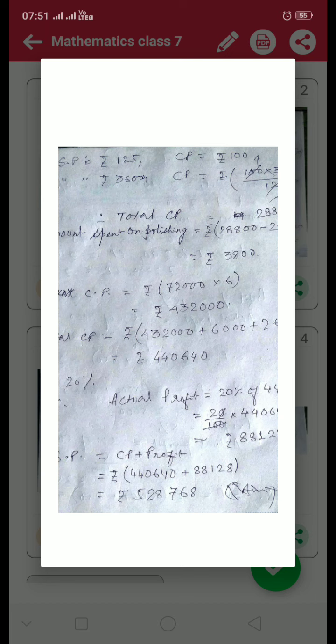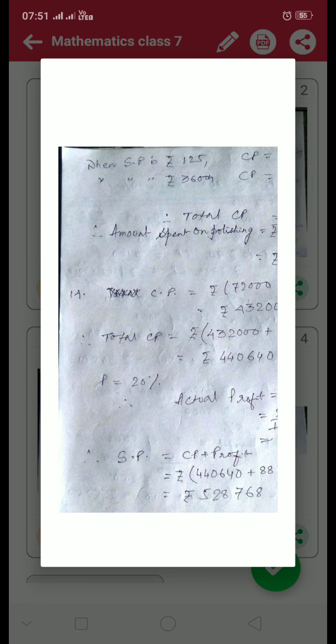Now she has incurred some other expenses like polishing and transportation. These expenses you also have to add to the cost. So on adding all these expenses, we get total CP as 440640.